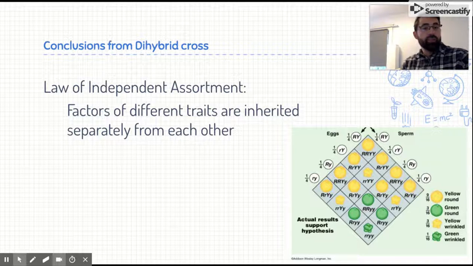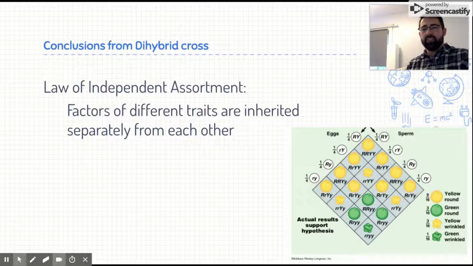There are traits we know of in modern genetics that don't play by this rule, the linked traits, but we will worry about those when it comes to genetics two, in the second half of biology. For now, at least with pea plants, factors of different traits are inherited separately from each other. So whether you inherit the big R has no impact on whether you inherit the big Y or little y.